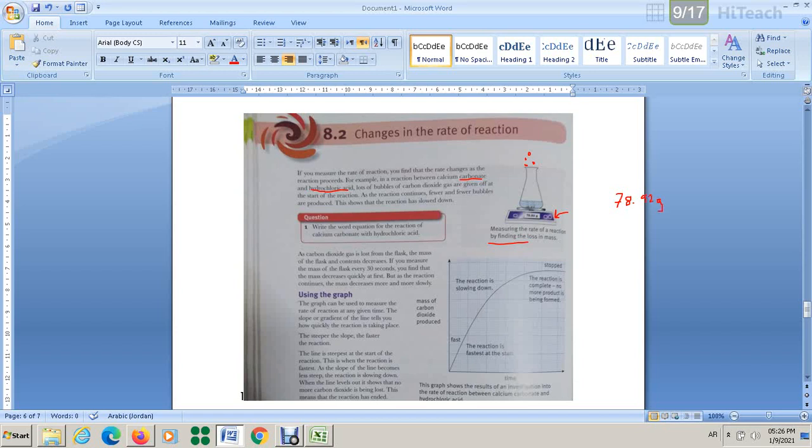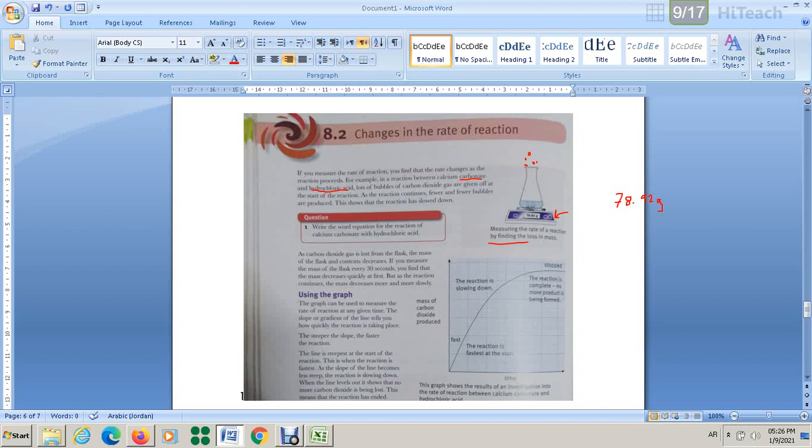After the reaction has started, over time you will start to see this carbon dioxide go out. The carbon dioxide is given off at the start of the reaction. As the reaction continues, fewer and fewer bubbles will be released, right? Till the reaction has stopped.